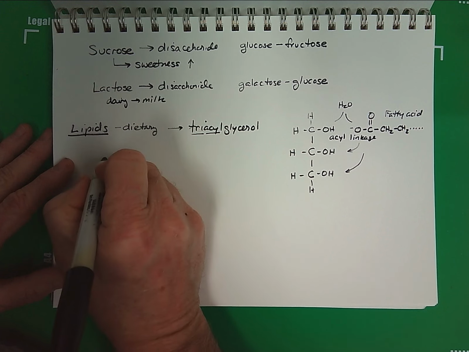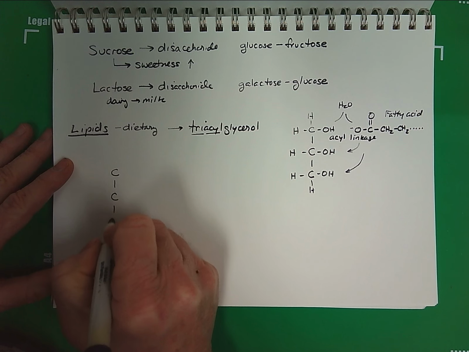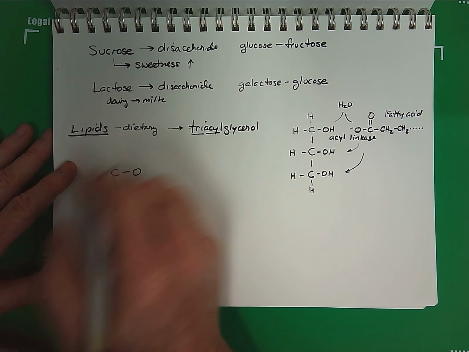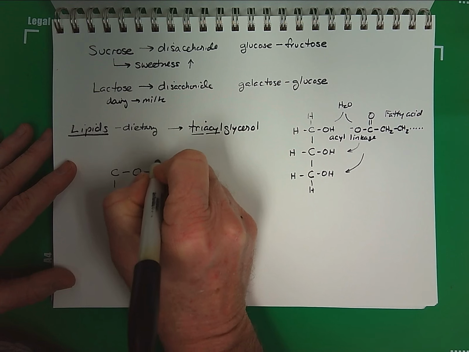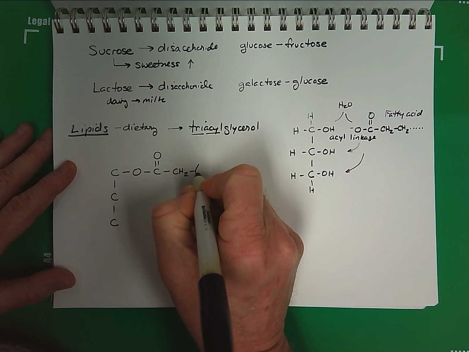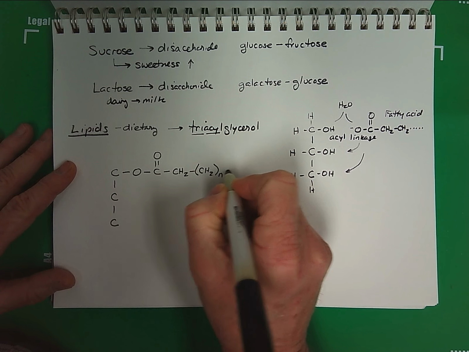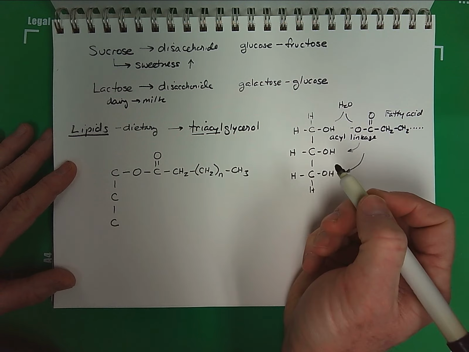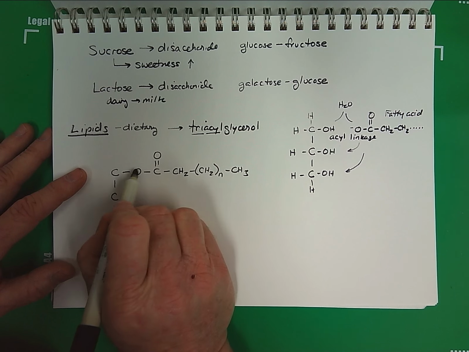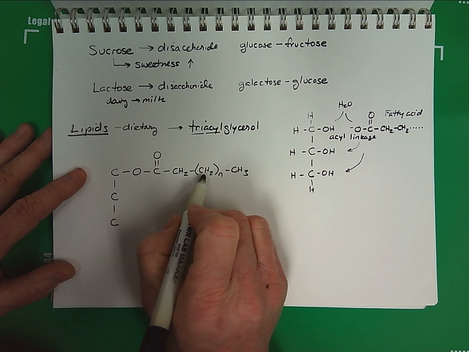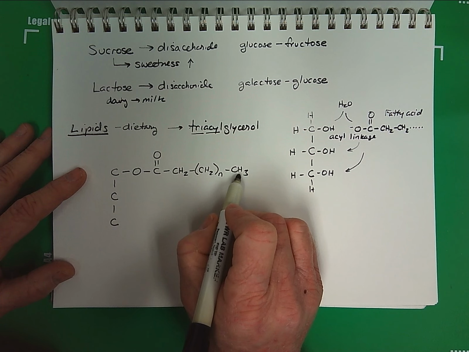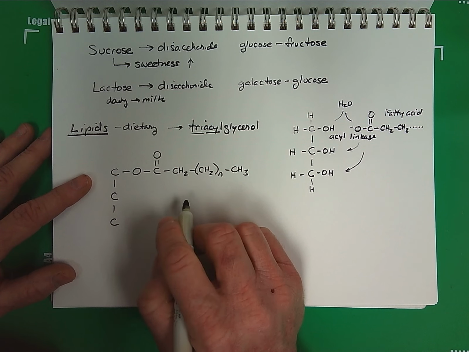So what the triglyceride looks like in its final form, we have our oxygen here, we have our carbonyl, and we have our long-chain fatty acid. Now notice how I've drawn this structure. This is an acyl linkage, and I have CH2, CH2, n, because the number of these CH2 groups is variable, but the fatty acid will always end with a methyl group, CH3.